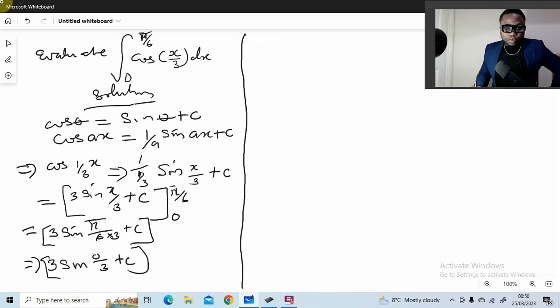So this becomes 3 sine pi divided by 18 plus c, enclosed in a bracket, then minus. For the lower limit, 0 over 3 is 0, sine 0 is 0, 0 times 3 is 0. So I'm getting 0 plus c here.